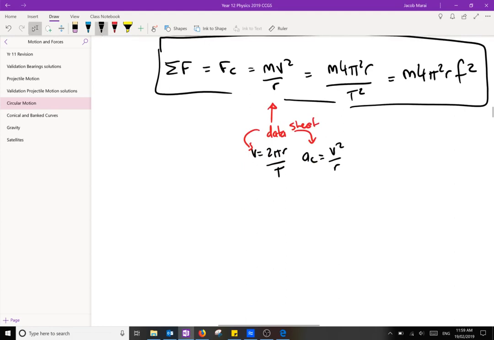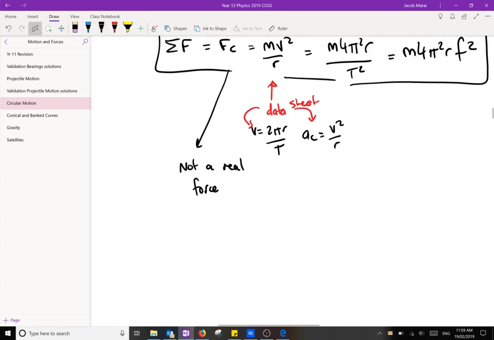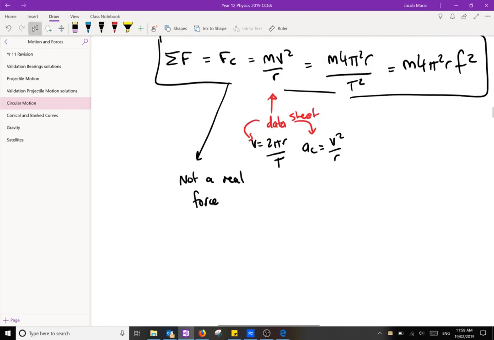You already wrote this down, but I just want you to recall that this is not a real force. It can be produced, because the sum of all forces acting on an object can be unbalanced. We call it the net force. It's Newton's second law: sum of all forces equals ma. In this case, it's not translational acceleration, it's rotational or centripetal acceleration.